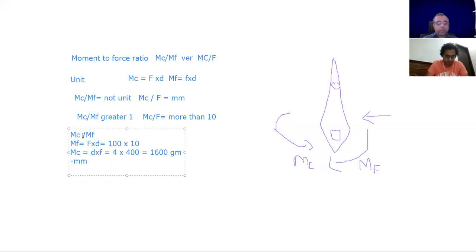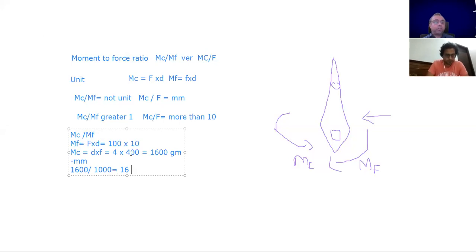So 1600 divided by 1000, that would be 16. That is greater than 10.